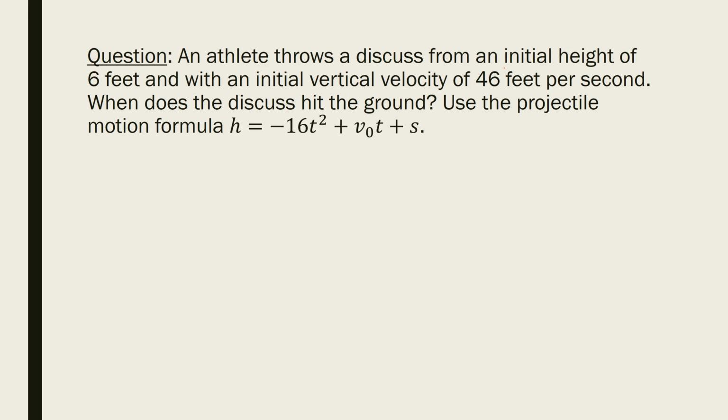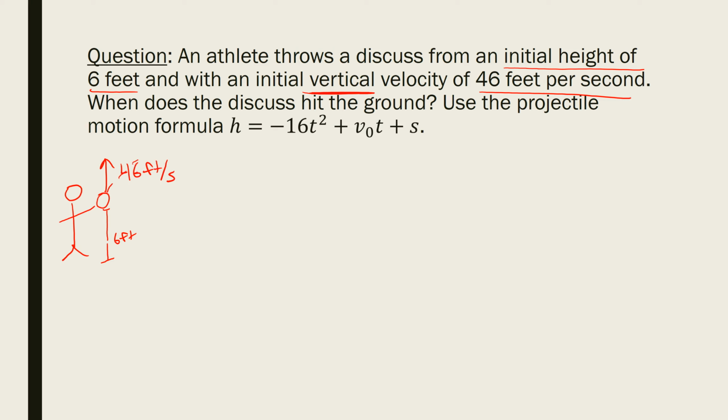So what I mean by an initial height of 6 feet is that when he releases the discus, he's spun around, he's released it, this discus is 6 feet off the ground, okay? It has an initial upward velocity or an initial vertical velocity of 46 feet per second. So at the split second when he launches this, it's going up at 46 feet per second.